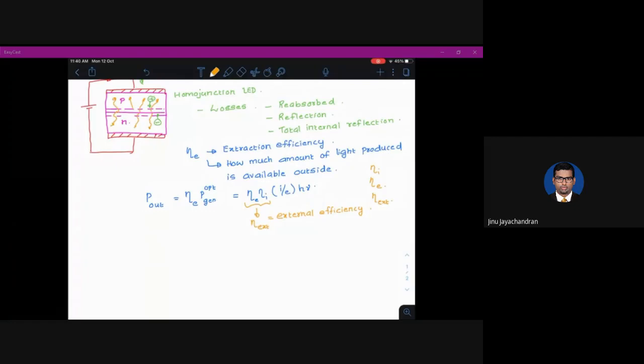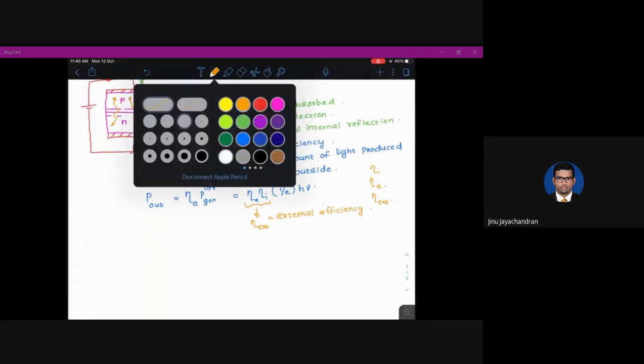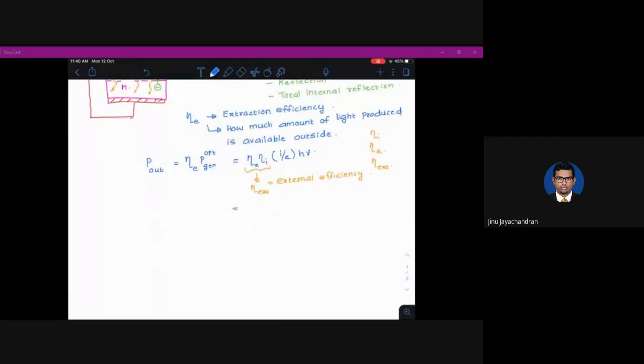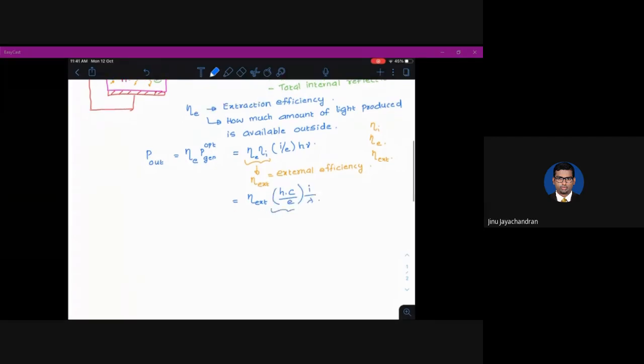You can modify this equation in a bit more convenient way. So I can write this as eta ext. Nu is C by lambda. So I can write h into c divided by e into I by lambda. This is actually a constant because e is the electrical charge, c is the velocity of light, h is Planck's constant, and this value, if you calculate, is around 1.24.